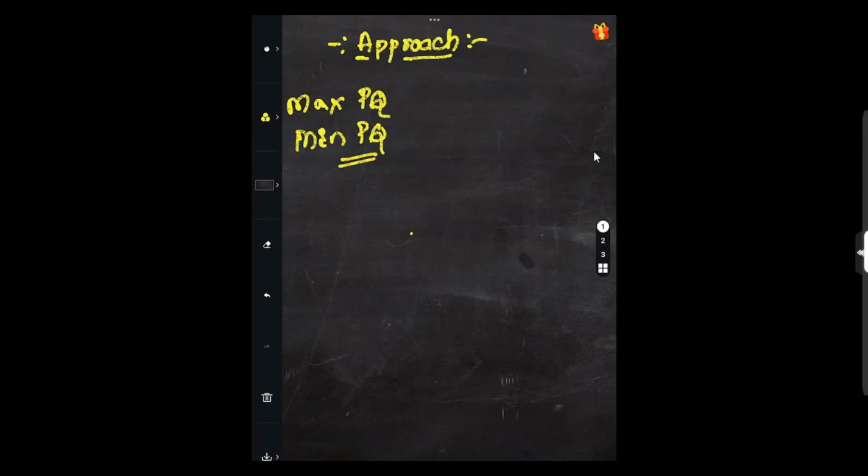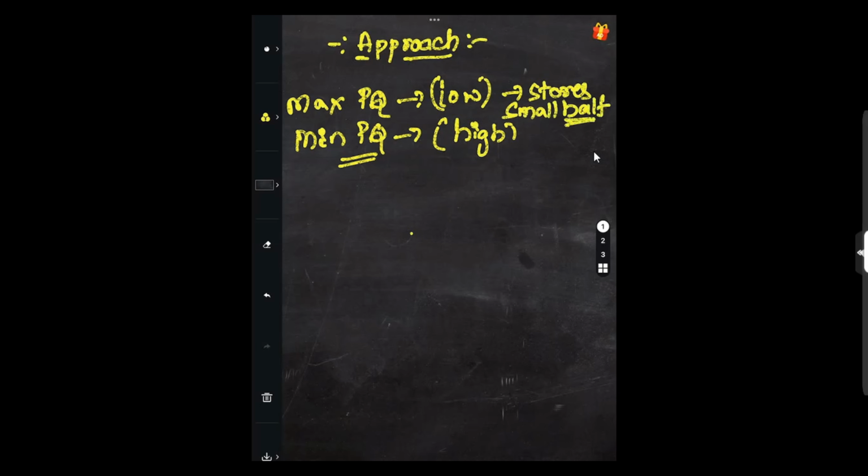We will consider the max heap as low and the min priority queue as high. The max heap stores the smaller half, and in a max priority queue the maximum element will always be on the top.